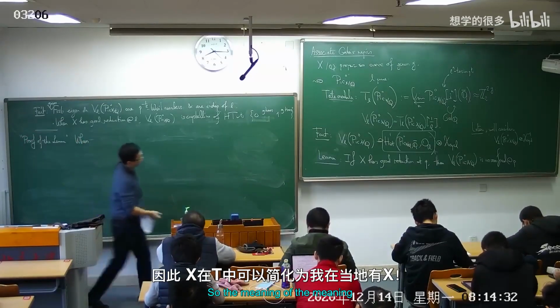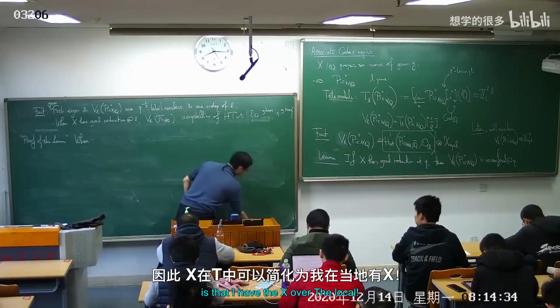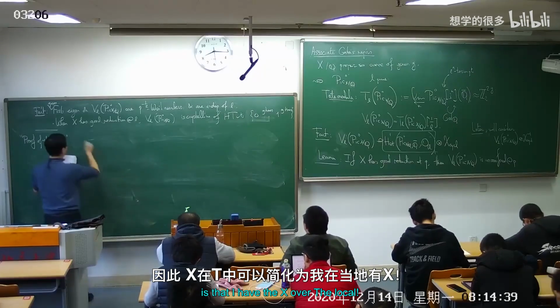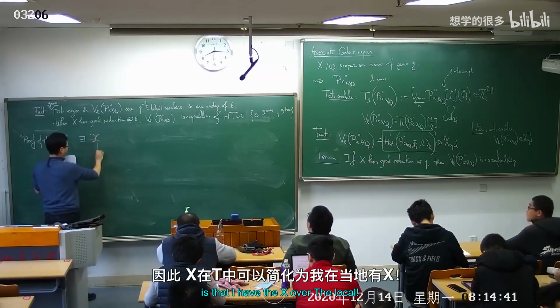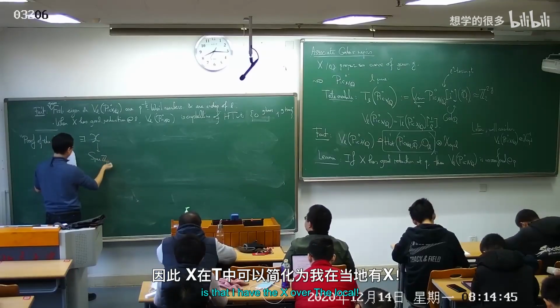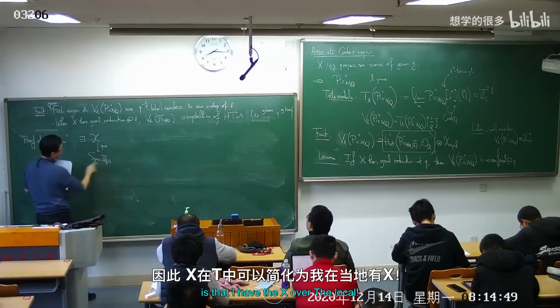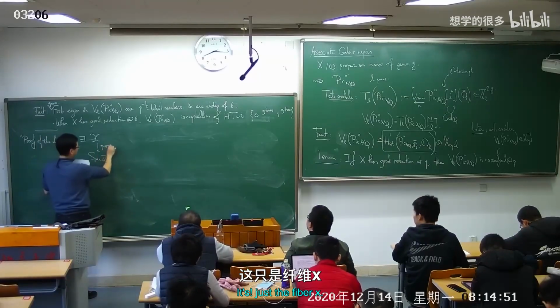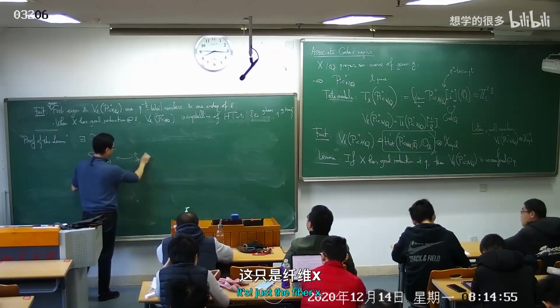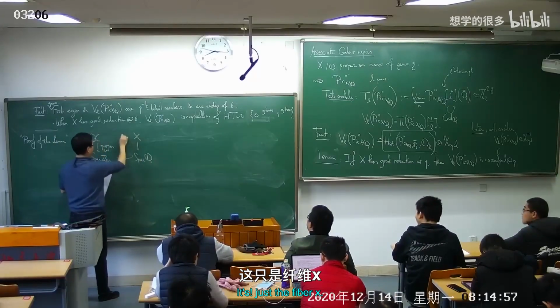So the meaning of X having good reduction at p is that I have an X over Spec of the localization. It's a proper space such that the degenerate fiber is fine.